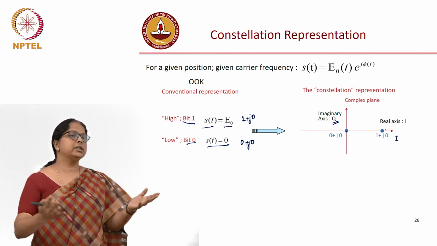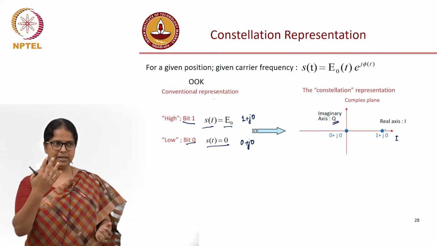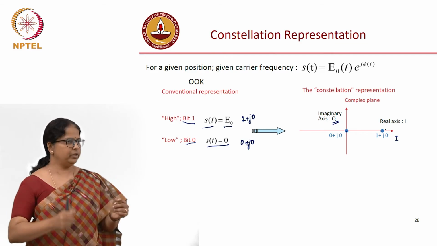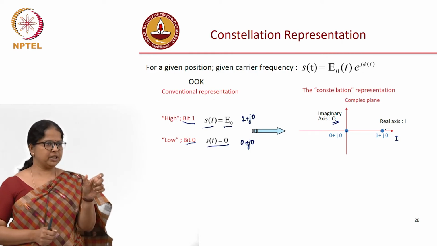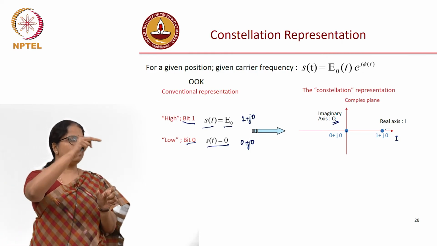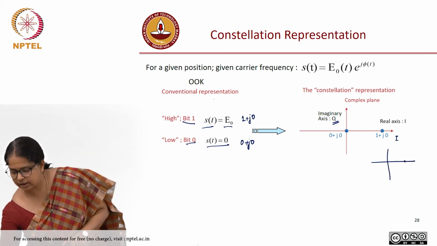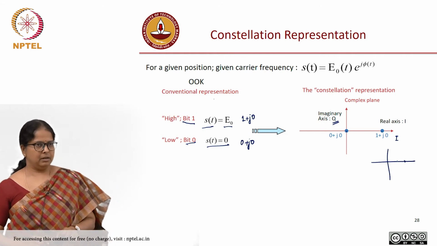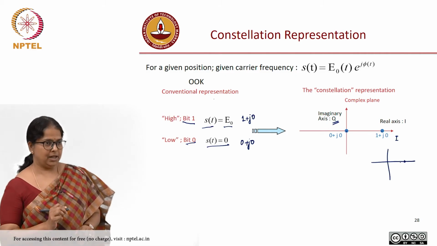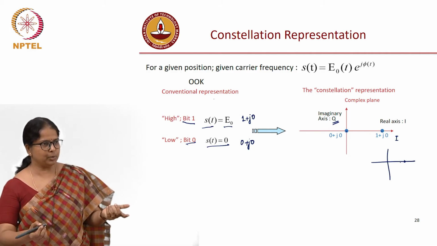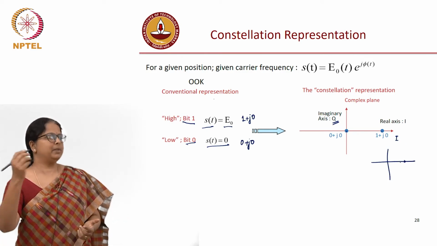So, how do you make a constellation diagram? Let us say you have the freedom to look at the incoming data stream. All you need to do is find out what your bit duration is. Within the bit duration, you find whether your amplitude is 1 or 0. Whenever your amplitude is 1, you put a dot here, or rather you put a dot corresponding to the amplitude of whatever you received, and you keep doing that for every bit that you receive.